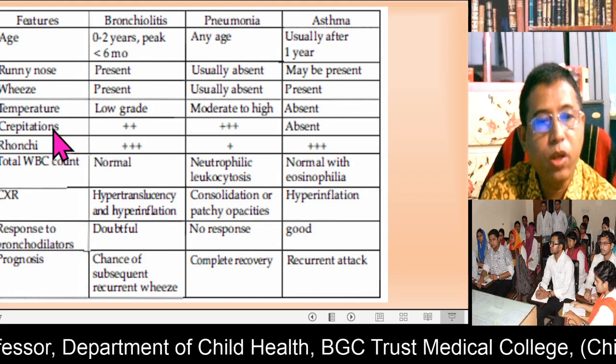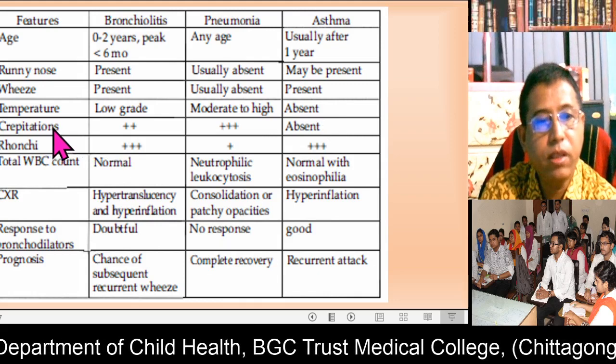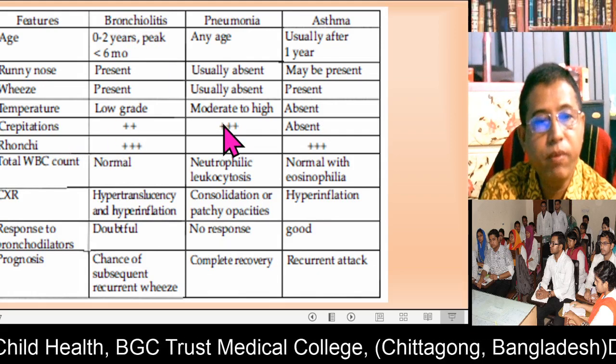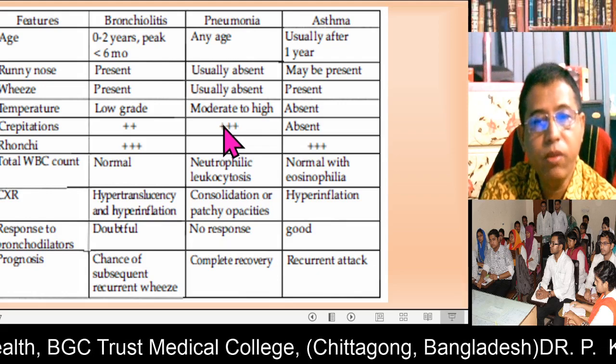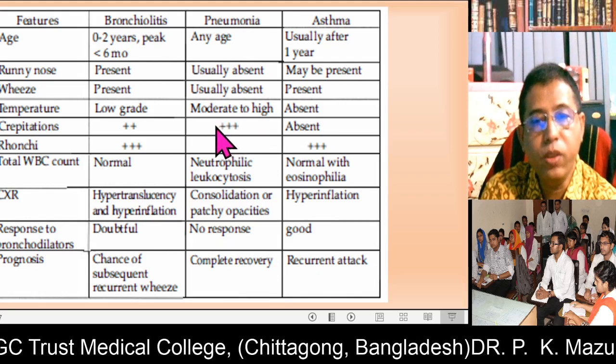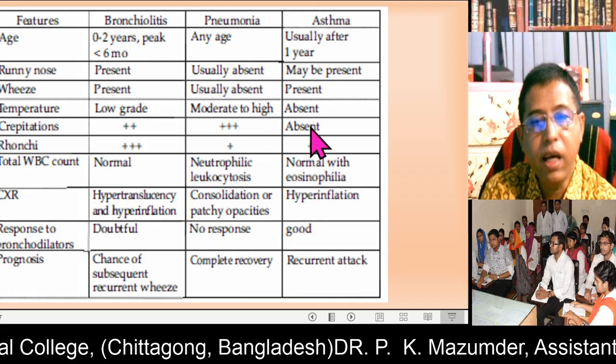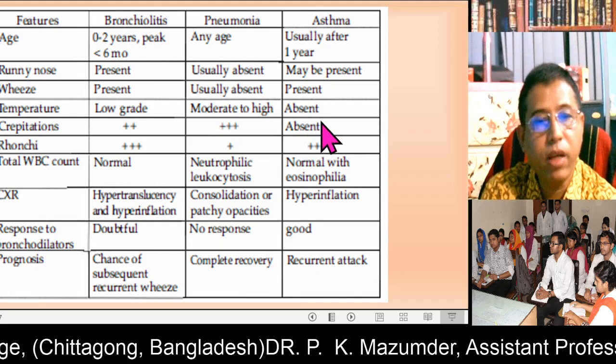And if you do auscultation, breath sound is vesicular with prolonged expiration in bronchiolitis, and in pneumonia breath sound may be impaired, may be bronchovesicular. If consolidation, there may be bronchial breath sounds. In asthma, breath sound is vesicular with prolonged expiration.